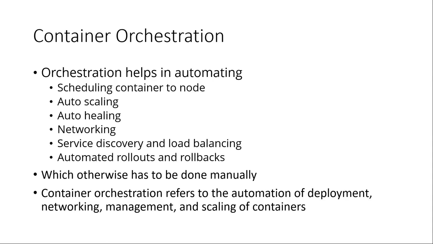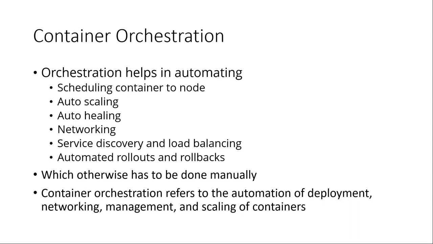Basically, simply speaking, containers contain your microservice application, and container orchestration helps in automating scheduling containers to your node, auto scaling of your containers, and auto healing, say in case something fails, automatically it will be brought up.